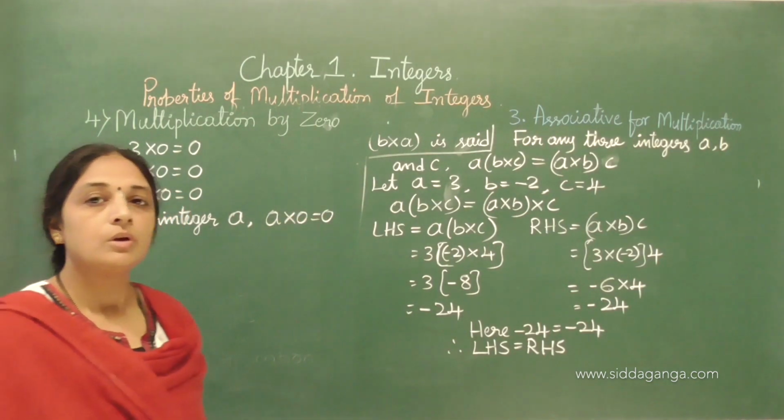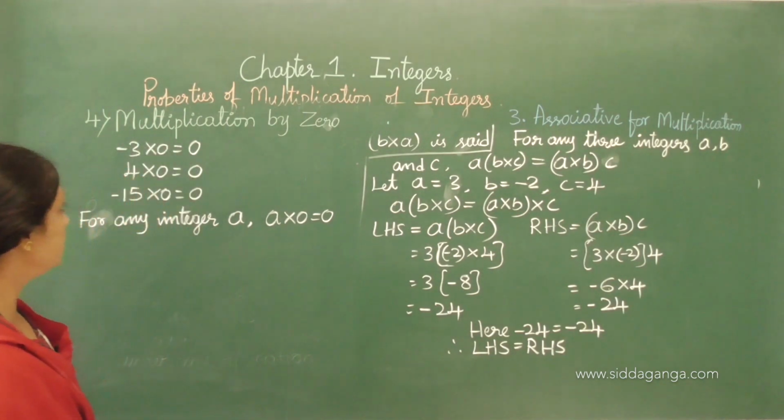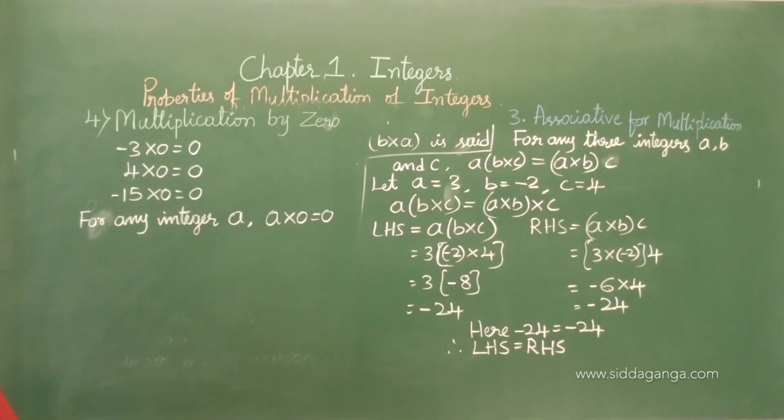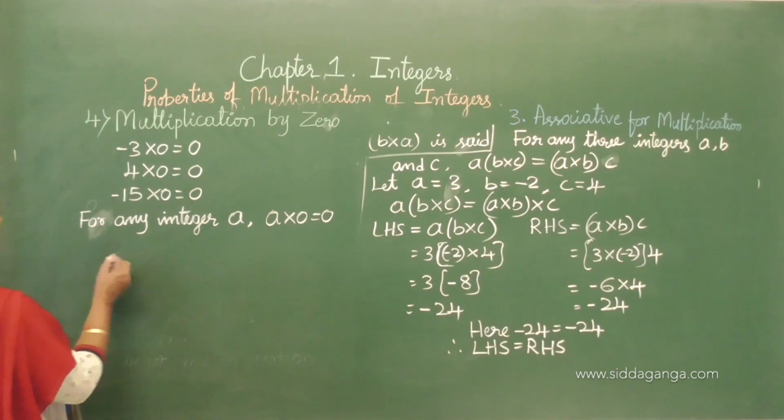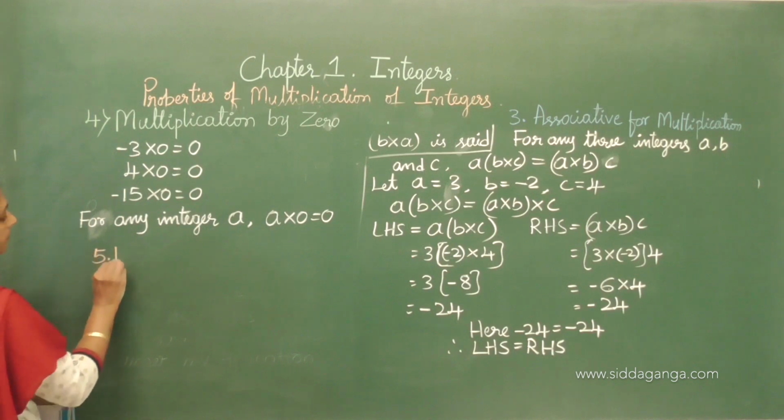Okay. Then let's move on, that is multiplicative identity, that is the fifth one.